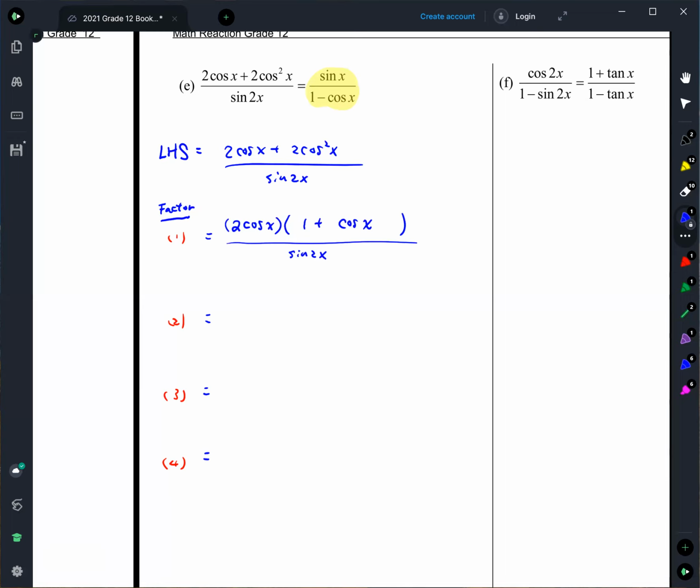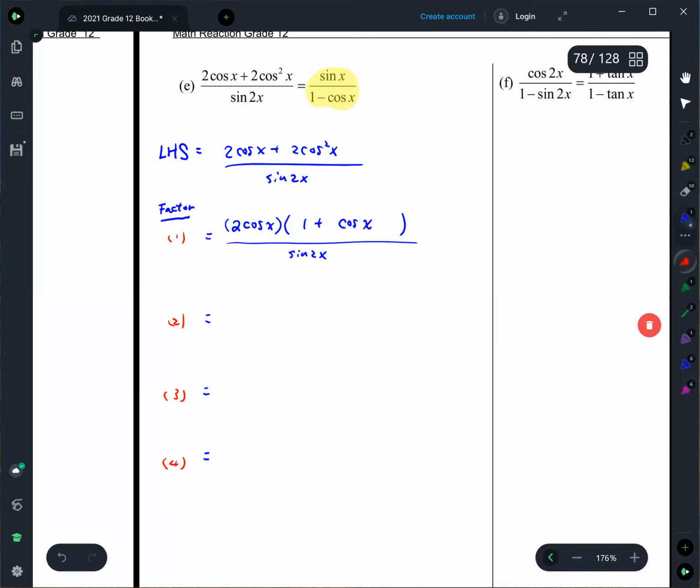Okay, let's do that. The denominator is where we have an identity to apply. The top stays 2 cosine x times 1 plus cosine x, and the bottom part is 2 sine cosine, from your double angle identity.